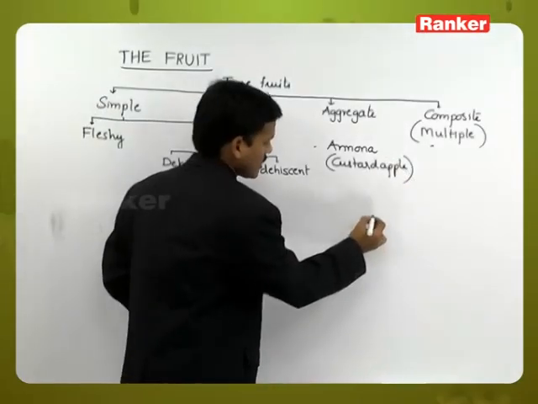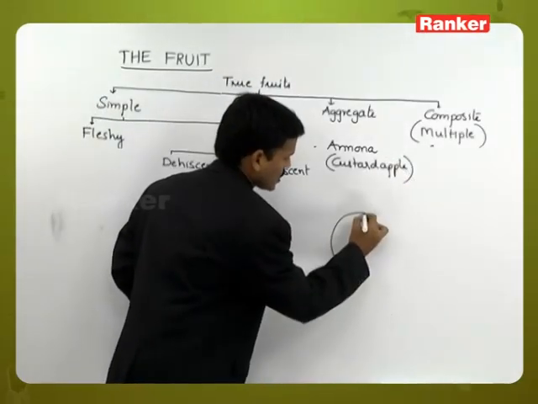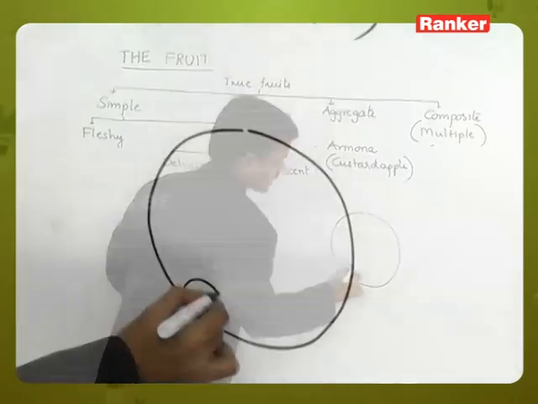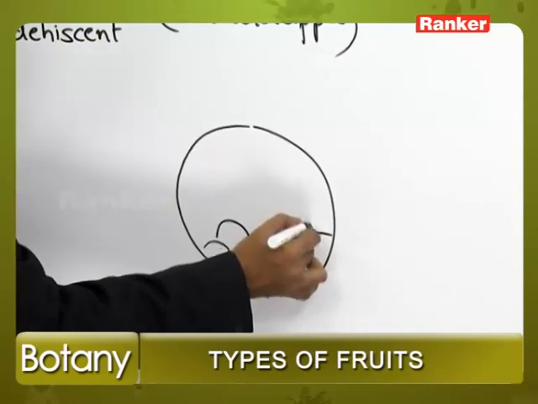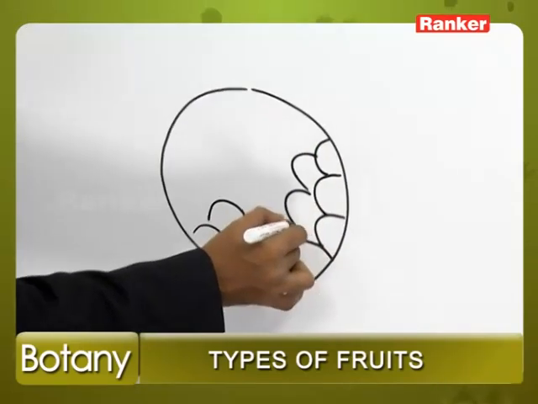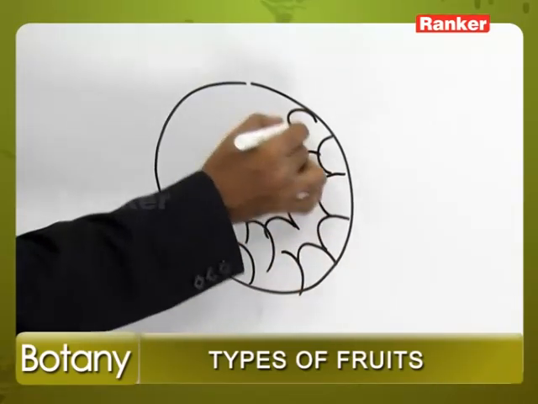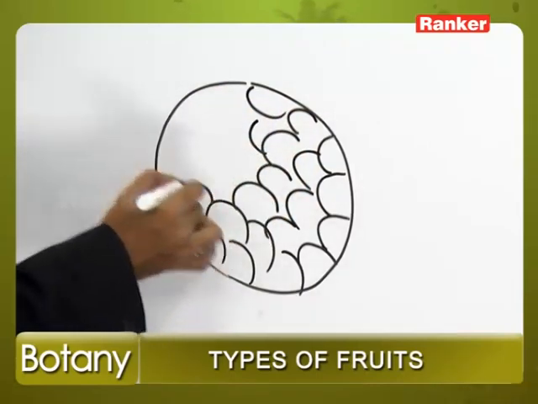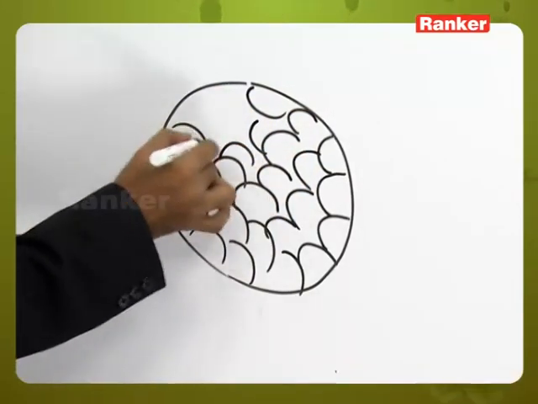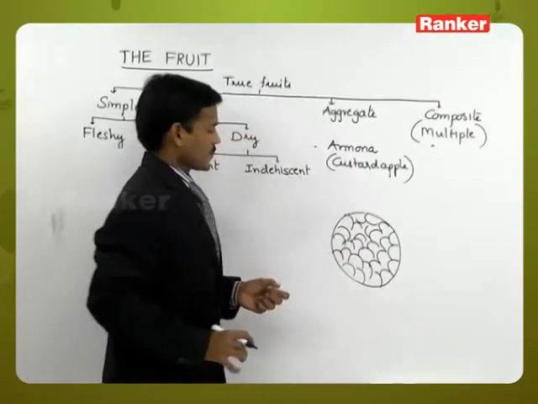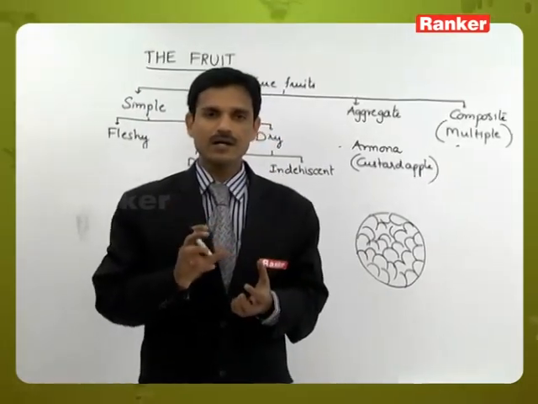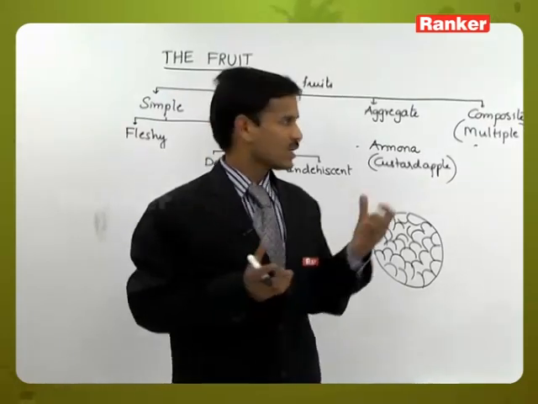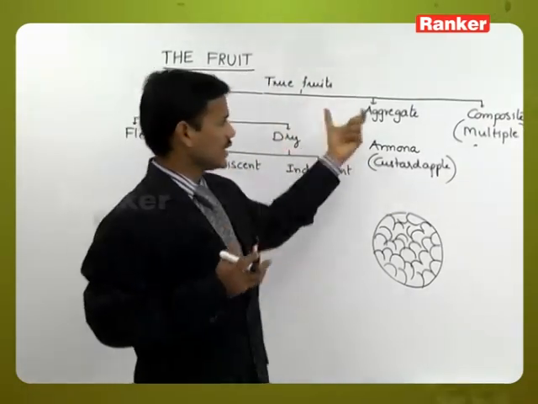In custard apple, the fruit is having these types of structures externally, each and every small fruitlet. So the difference, if you observe, is between the fleshy or simple fruit and the aggregate fruit.